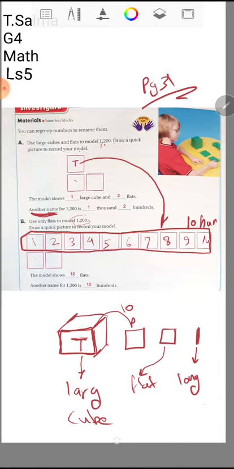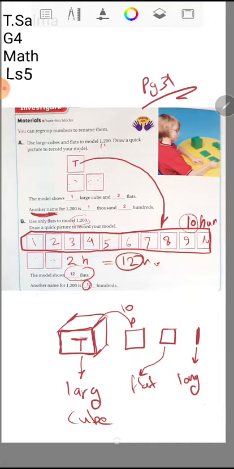10 hundreds. So also I have 2 hundreds from the number 2 in the hundreds digit. So I have 2 flats right here. So 10 hundreds and 2 hundreds will give me 12 hundreds, right? If you add 10 to 2, it will be 12 hundreds. So the number of flats right here is 12 and the number of hundreds is 12.